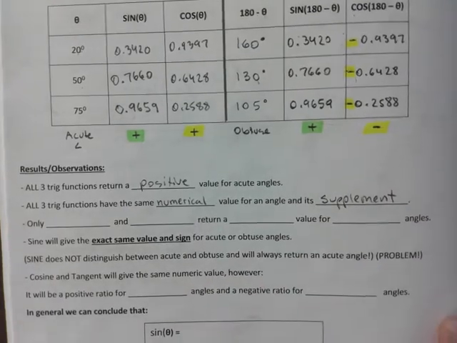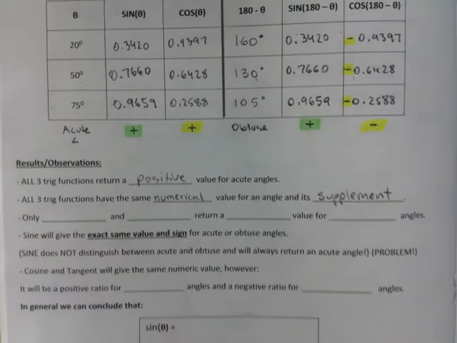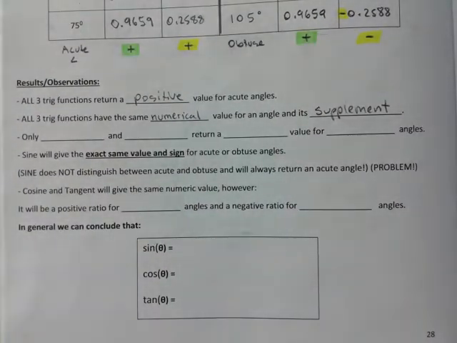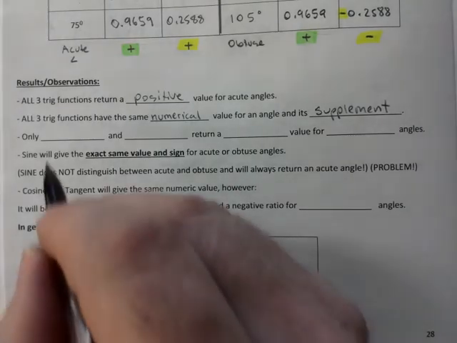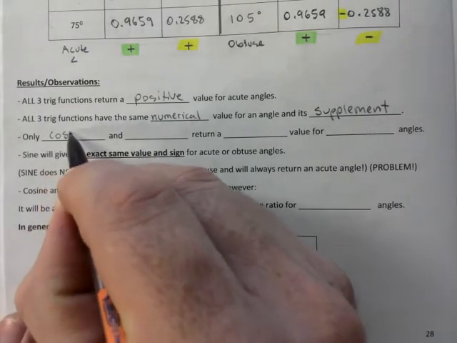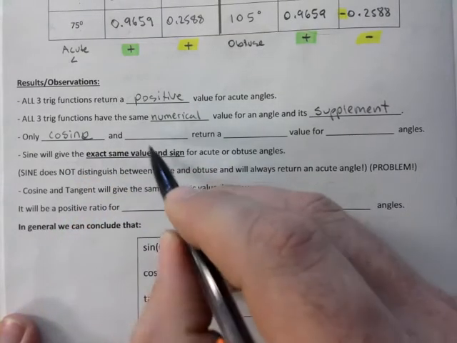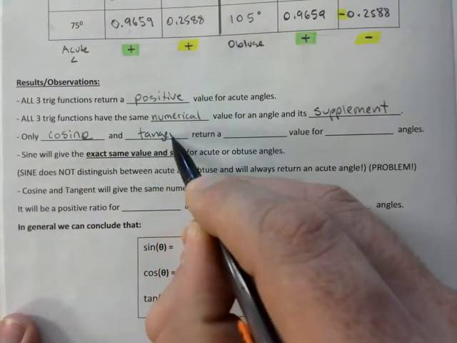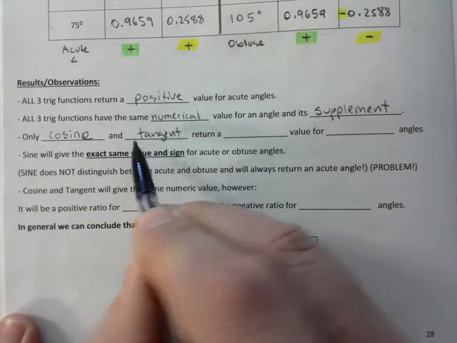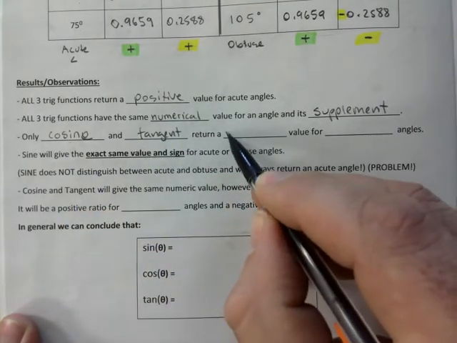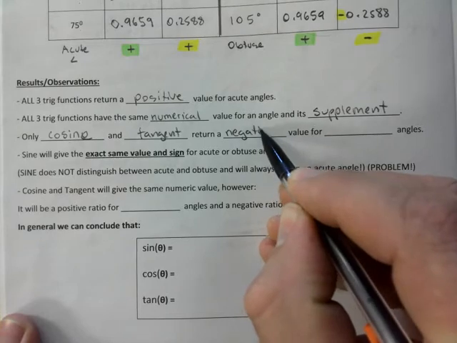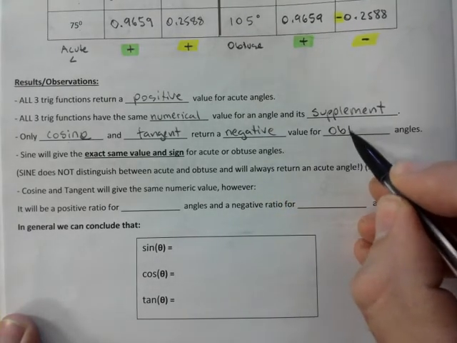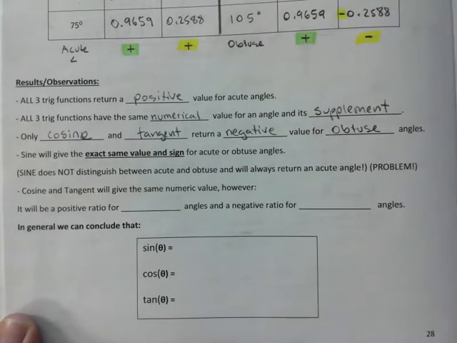Numerical, right? So the actual numbers that you see are the same for both. It's just that only cosine and tangent, and you're like, you didn't do tangent, but that's okay, cosine and tangent return a negative value for obtuse angles.